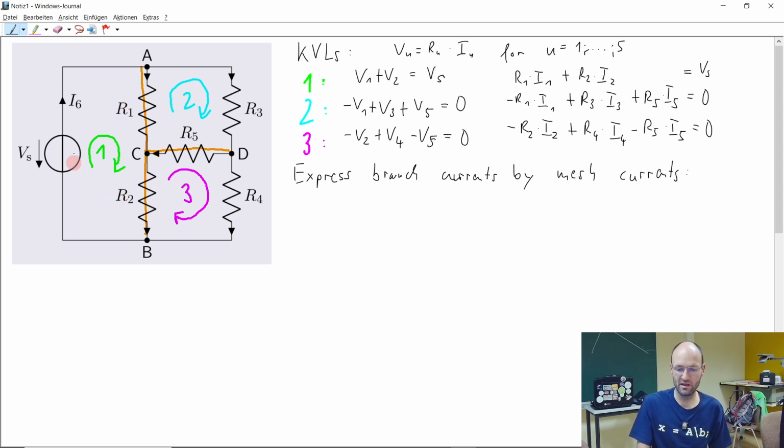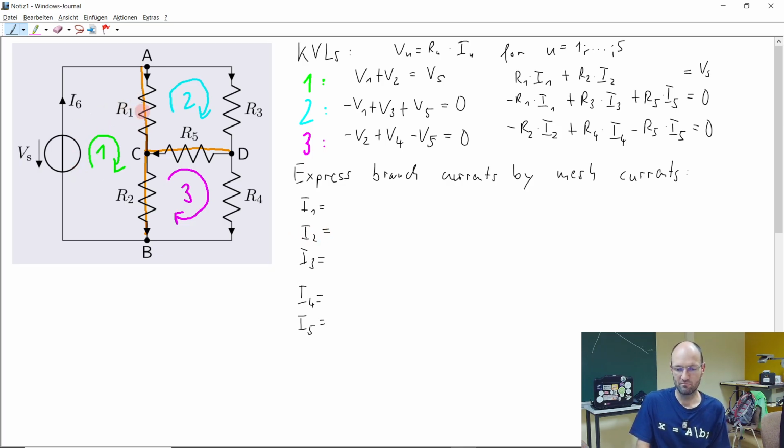So in this mesh we have the current IM1, in this mesh we have the current IM2, in this mesh we have the current IM3. So we now need to express our 5 branch currents, I1, I2, I3, I4 and I5 by these mesh currents.